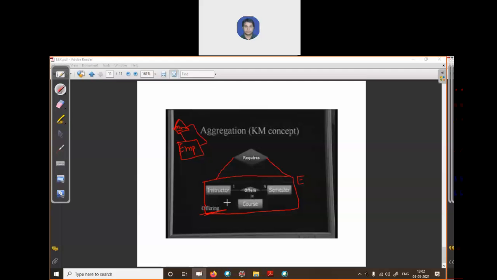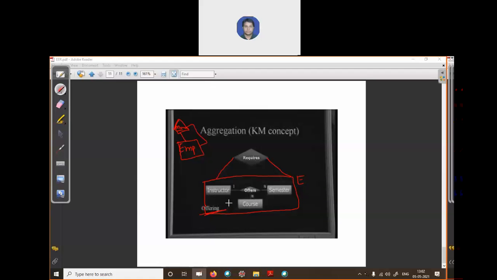Suppose you are studying DBMS. DBMS is a prerequisite for some other course in semester 5th or 7th or 8th or 9th, any other semester. So this course is a prerequisite for some other course, meaning this entity requires some other entity.